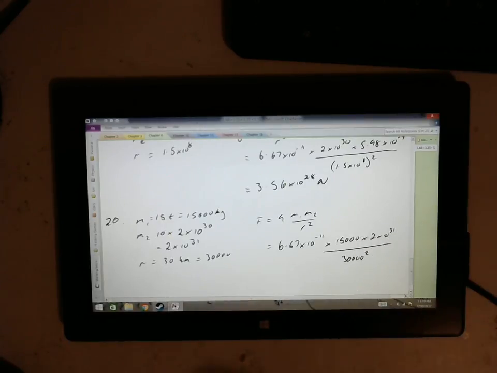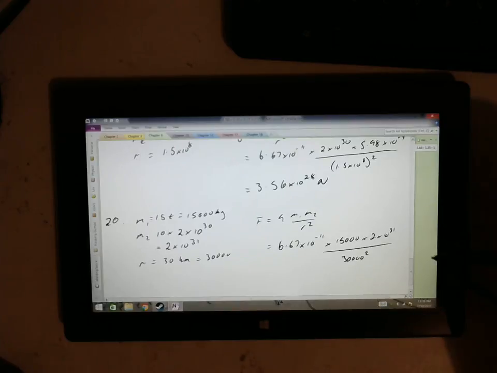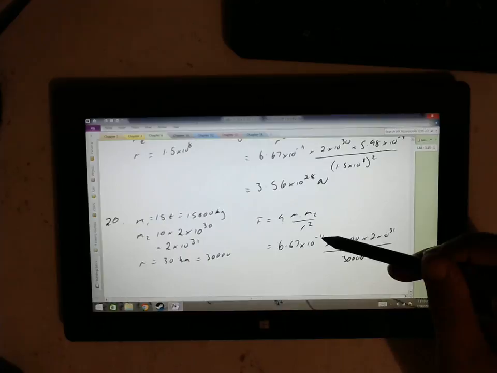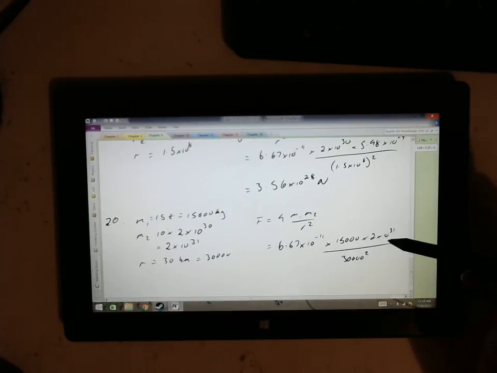30,000 squared. Okay, 2 times 10 to the power of 31 times 15,000, sorry, times 6.67 times 10 to the power of negative 11. Okay, so let's see, 21, 1, 2, 3, 4, so that would give us 34, 34 take away 11 should be around 24, 23, and I get 25.